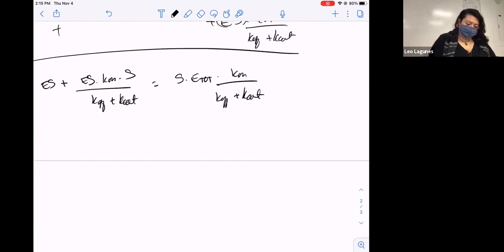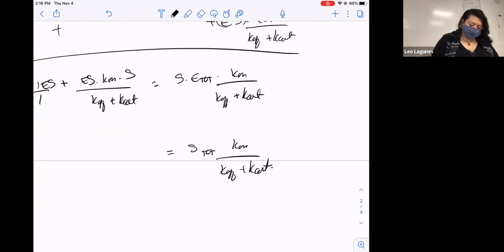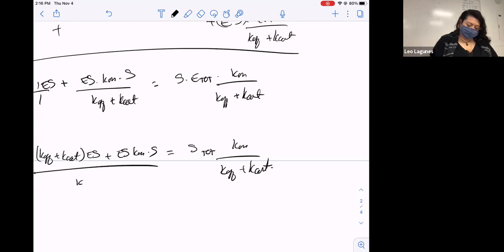All right, and then on this side, when you combine the fractions like that, what do you get? We get K off plus K cat times ES plus ES K on times S all over the same thing.